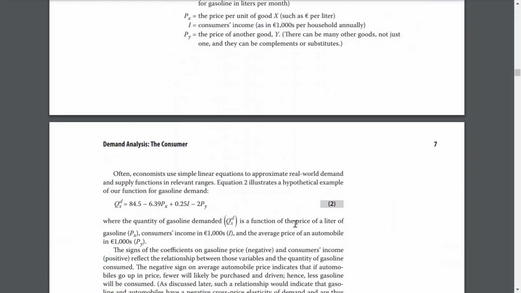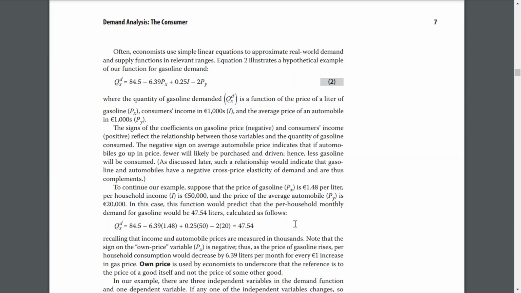Often, economists use simple linear equations to approximate real-world demand and supply functions in relevant ranges. Equation 2 illustrates a hypothetical example of a function of gasoline demand.